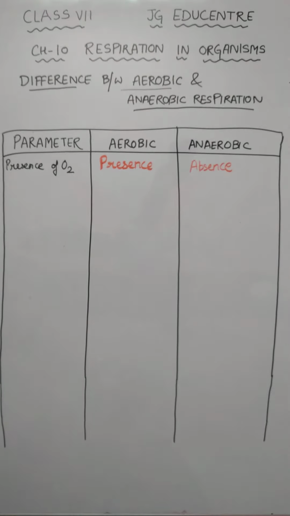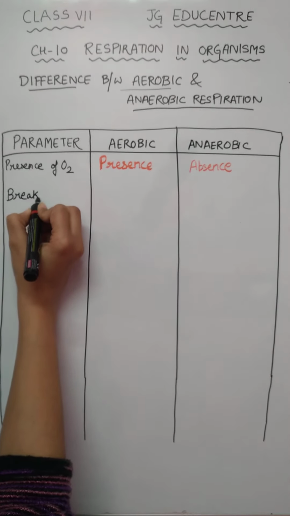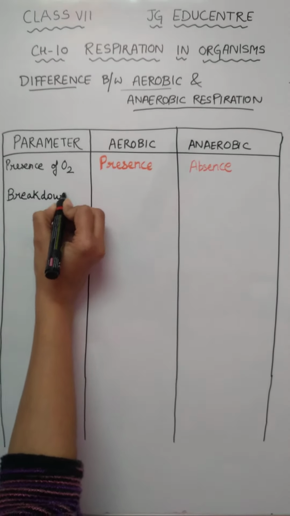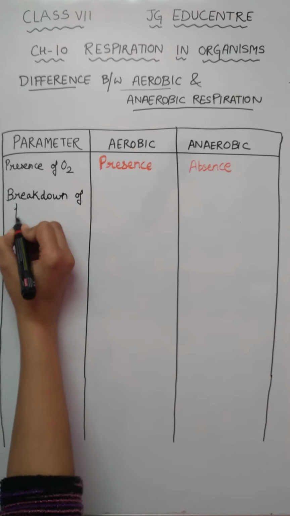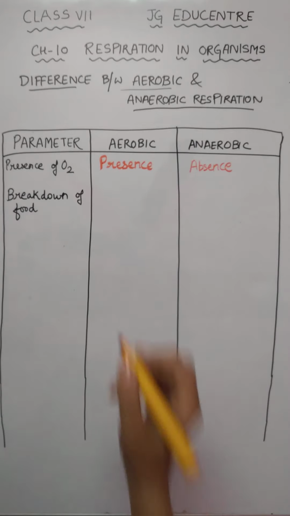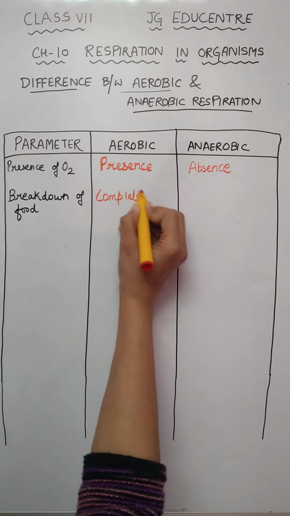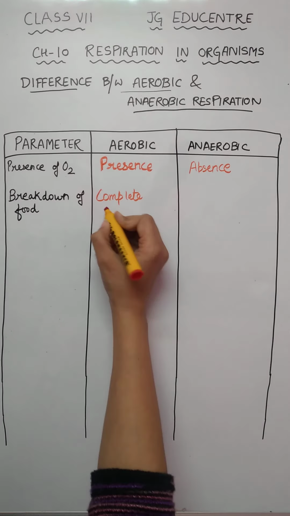Second parameter is on the basis of breakdown of food. How the food is going to break down. That means we are going to talk about whether complete breakdown of food takes place or incomplete breakdown of food takes place. So in aerobic respiration, complete breakdown of glucose takes place.